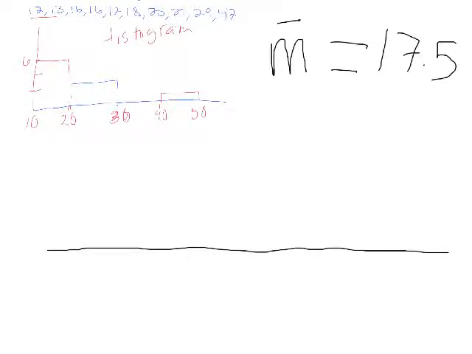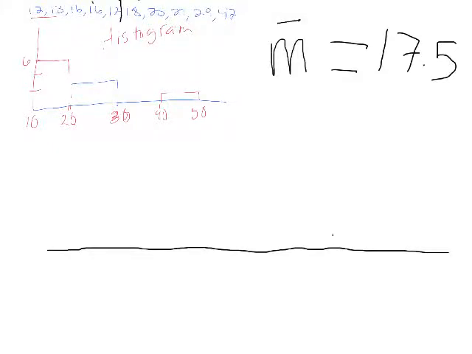Okay, so the median is 17.5. For this set of data, the median is 18. Okay, whatever, let's keep going. Use the calculator.